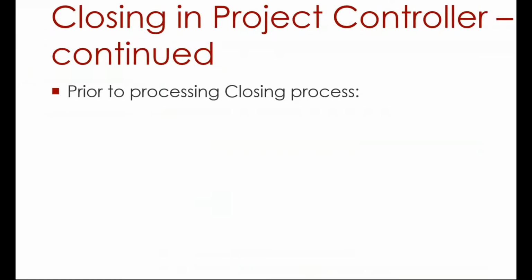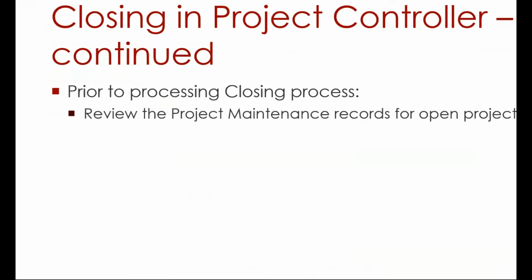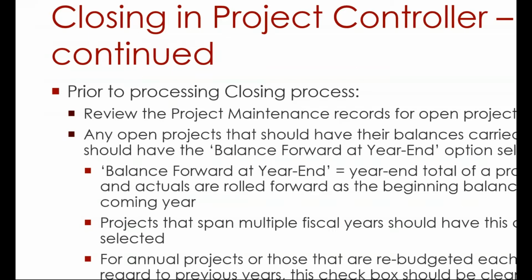Prior to processing the closing in Project Controller, it is important to review the project maintenance records for open projects. Any open projects that should have their balances carried forward should have the balance forward at year-end option selected. Balance forward at year-end is going to determine whether the year-end total of a project's budget and actuals are rolled forward as the beginning balance for the coming year during that year-end closing process.